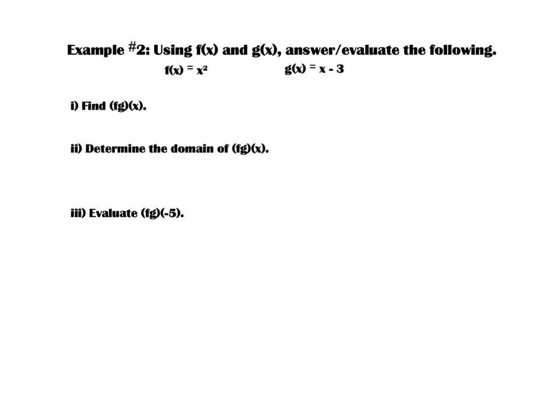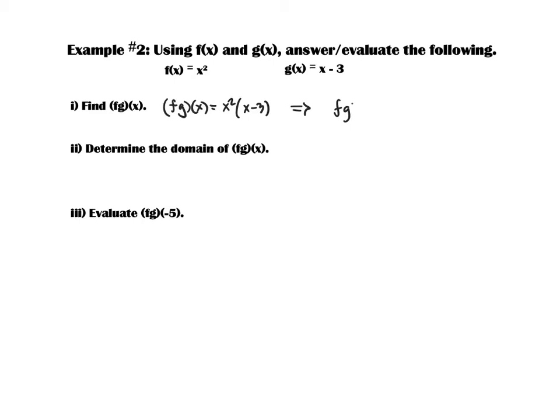Let's combine these functions f of x and g of x using what looks like a product. So f of x is x squared, g of x is x minus 3. In order to get f times g of x, I'm going to multiply x squared times x minus 3. Don't forget that we are going to distribute to both terms.